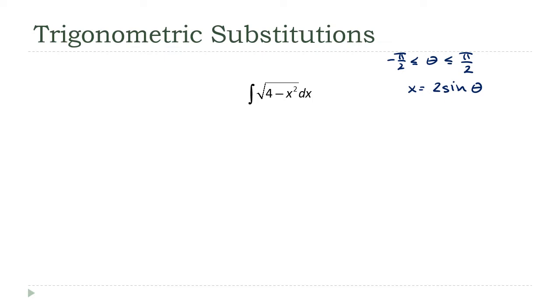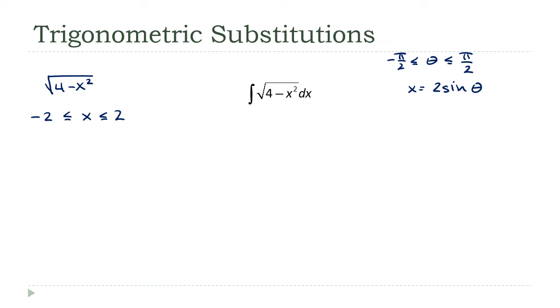And that's okay, because if you look at that function that we're integrating, the square root of 4 minus x squared, the domain of this function is everything between negative 2 and positive 2. So that's a perfectly fine restriction to put on there, right? We're still getting every value of x that we could substitute into that expression.